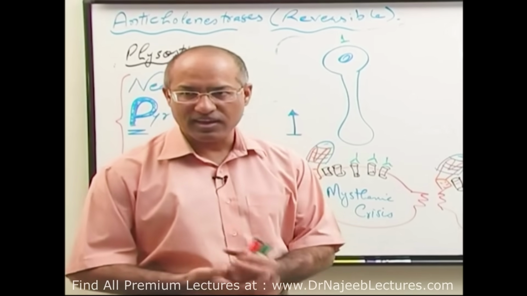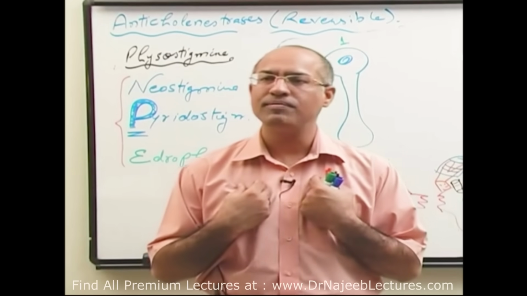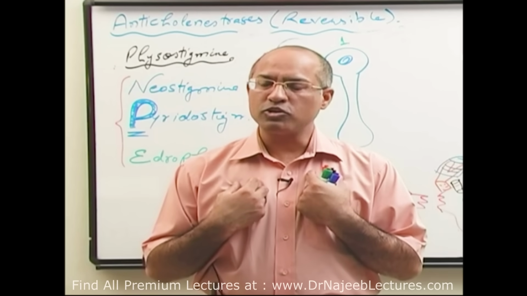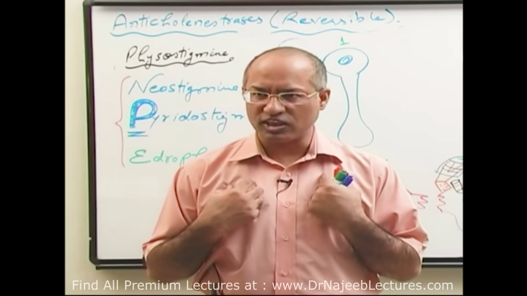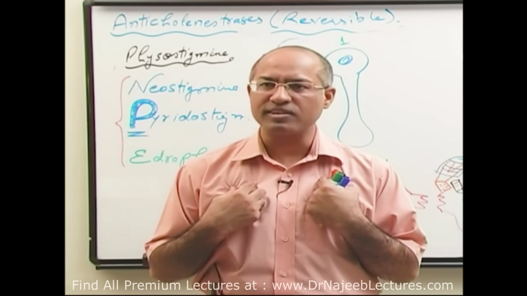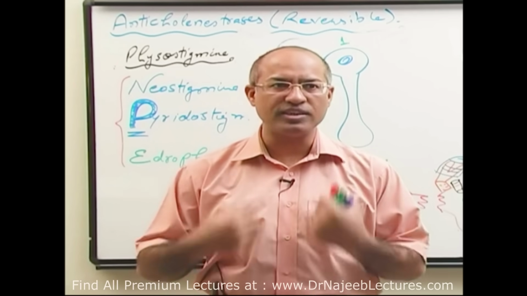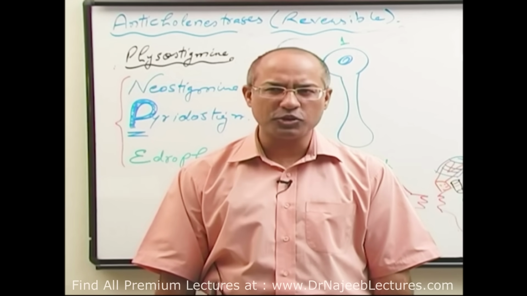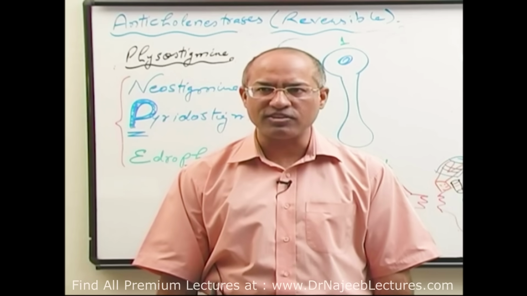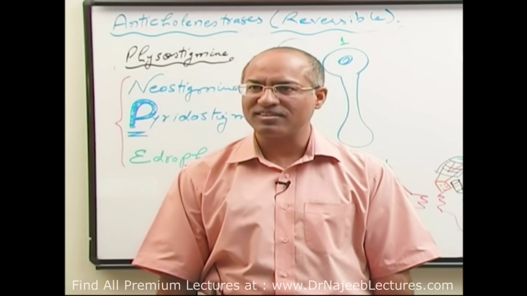So now listen carefully. If I am a diagnosed patient of myasthenia gravis and I am on, suppose, neostigmine, previously I was well stabilized and for the last 2-3 days I have developed very serious weakness again. And you are really not sure, am I having myasthenic crisis or cholinergic crisis? You will do the Tensilon test.